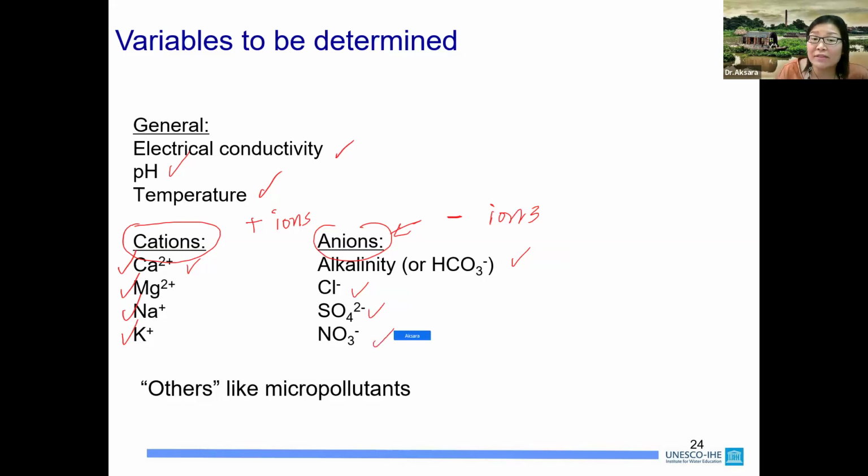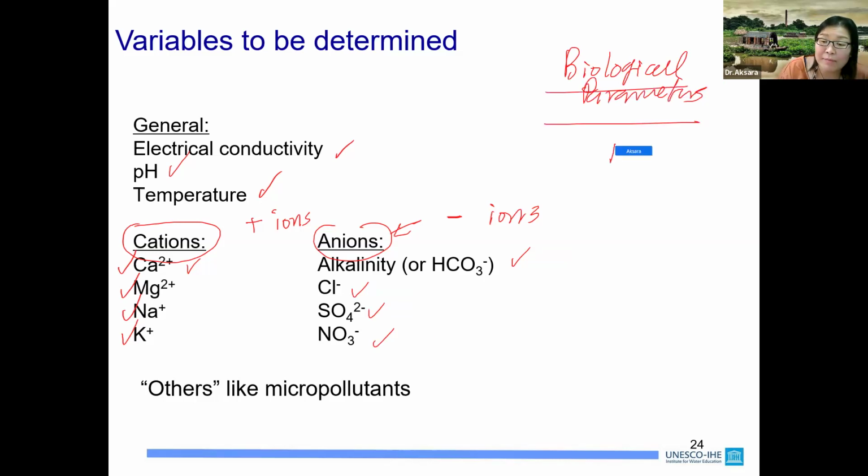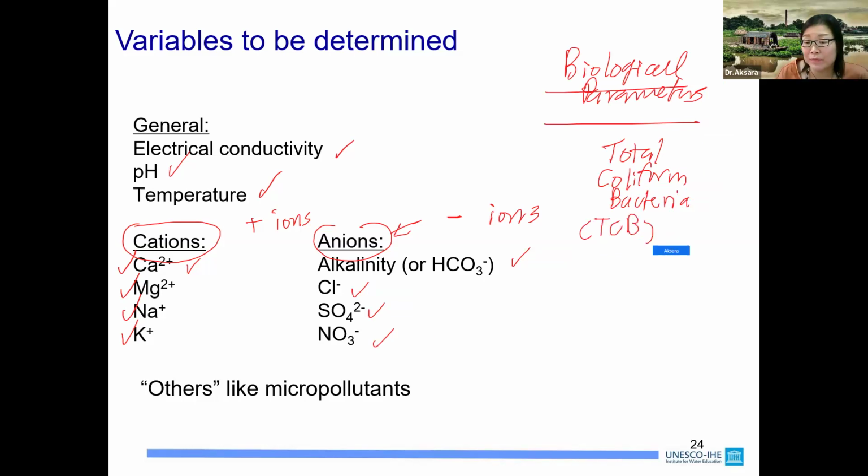Okay, and some other biological parameters as well these days. For example, total coliform bacteria is one of the biological parameters that we're measuring. We call it TCB. Okay, so this is just an example.